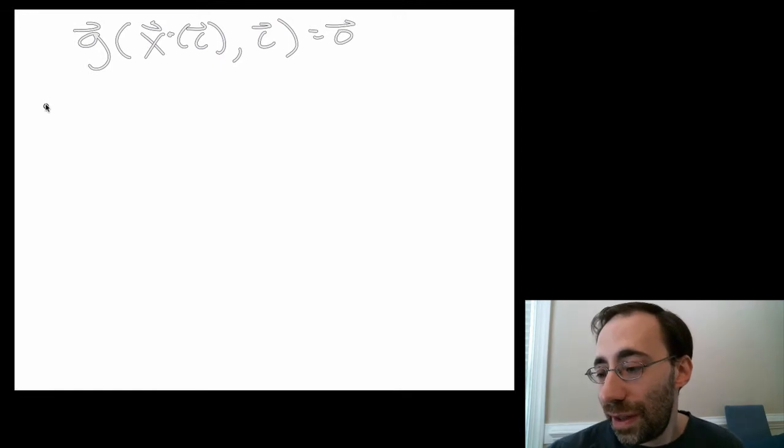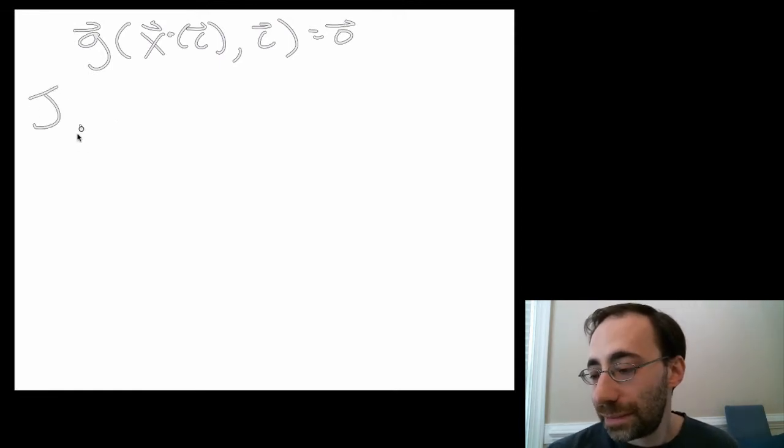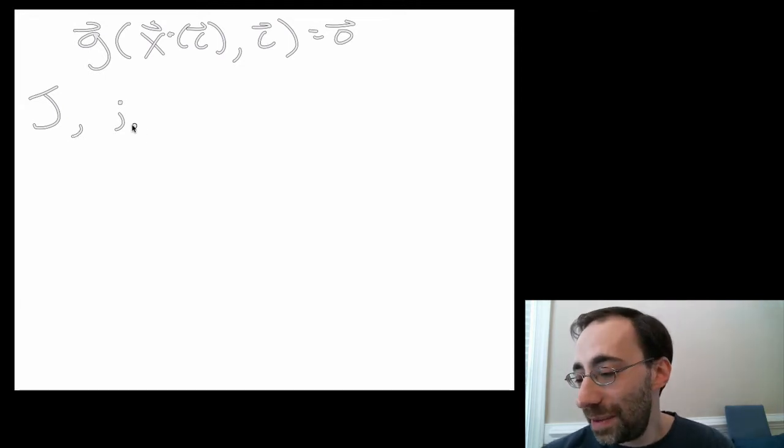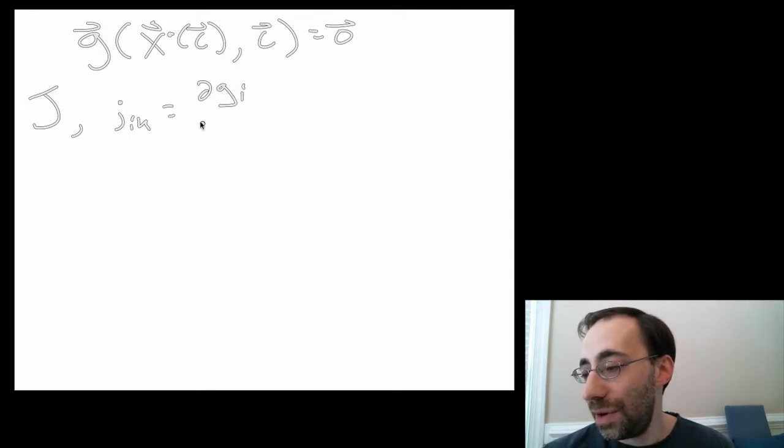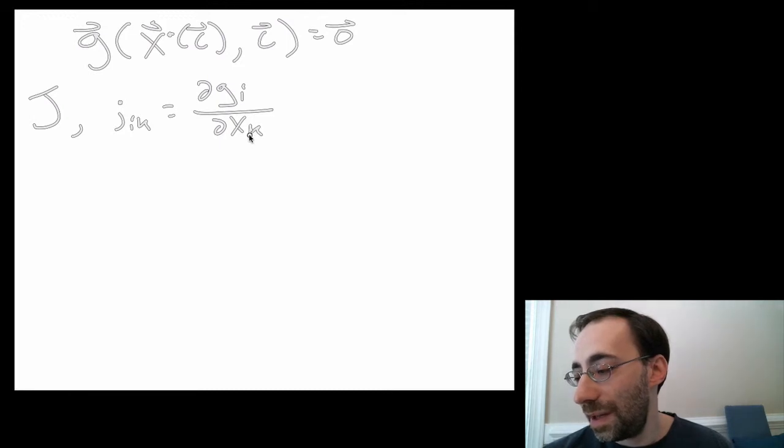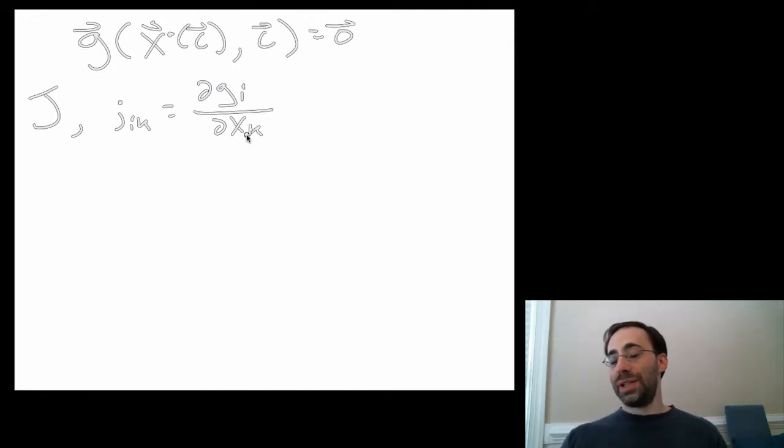So, recall that the Jacobian was J. An element of the Jacobian, there's a comma, not a J. The i,kth element was equal to the partial derivative of the ith component of the function with respect to the kth component of x.